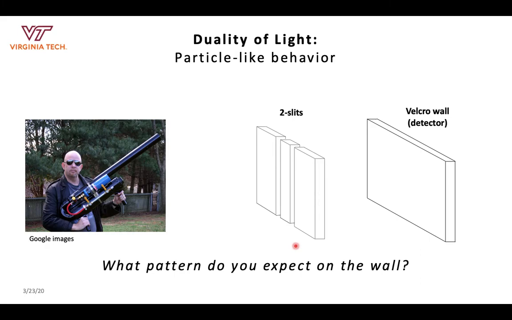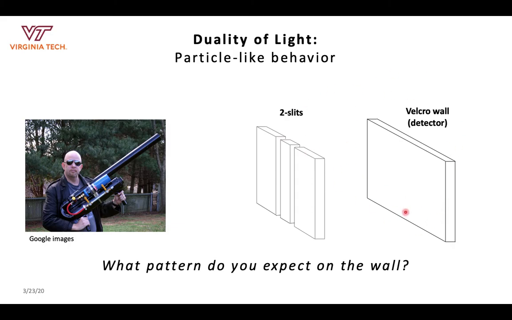So imagine you have this character here with his tennis ball gun. You build a physical structure, basically a wall, where you have a bunch of solid barriers, but then a bunch of openings, or at least two openings, that would be just wide enough for a tennis ball to pass through. So we'll just call this a set of slits.